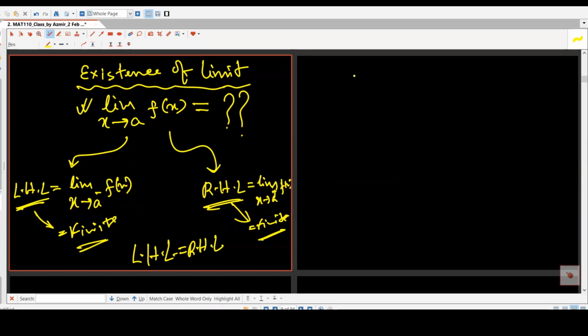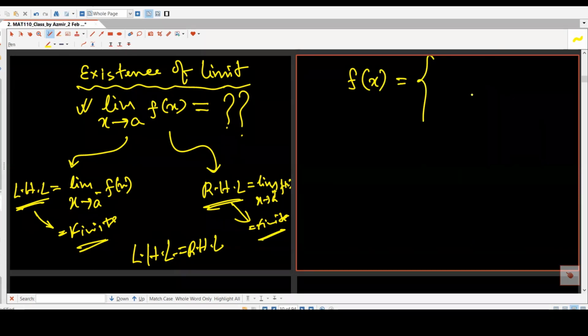So suppose we have a piecewise defined function. Piecewise defined function means suppose the domain is broken into several parts. Let's say we have x equals 1, we have x greater than 1, we have x less than 1. For x equals 1, we have, suppose, x squared.